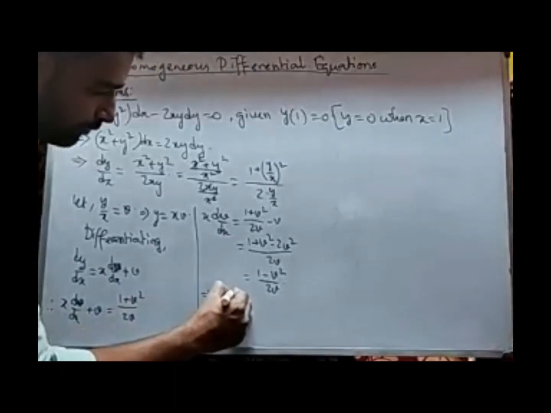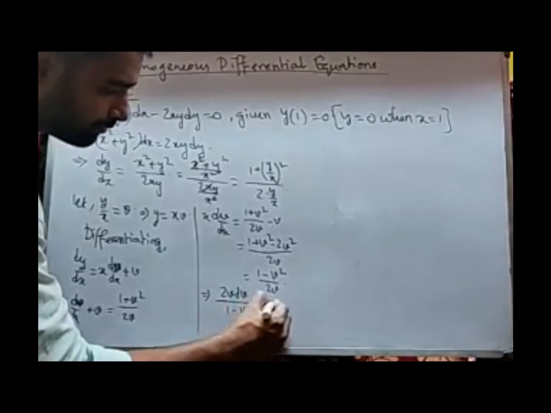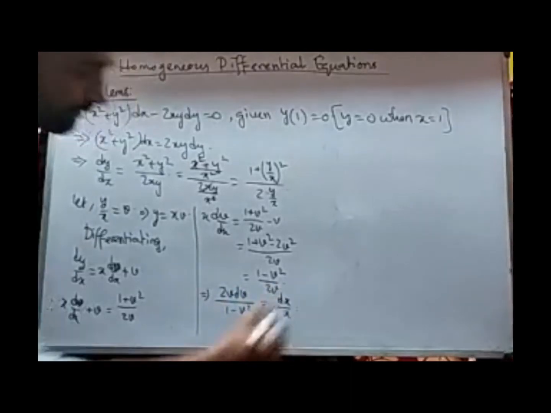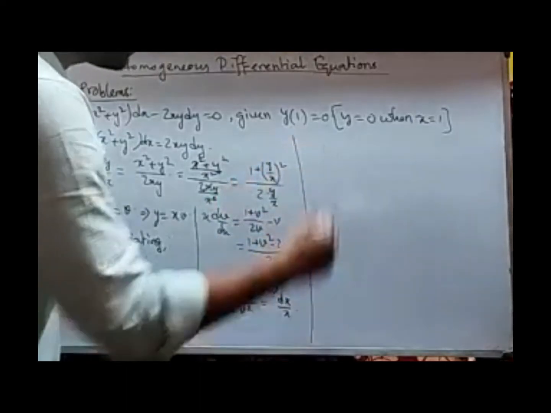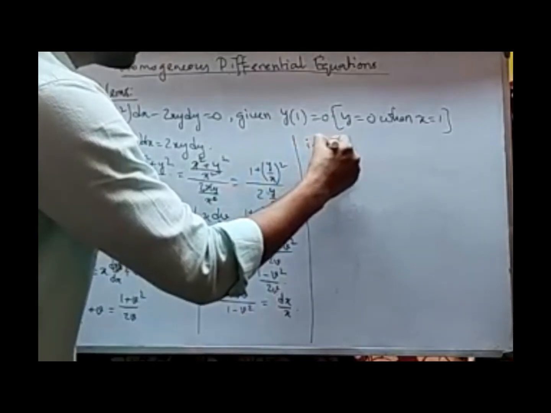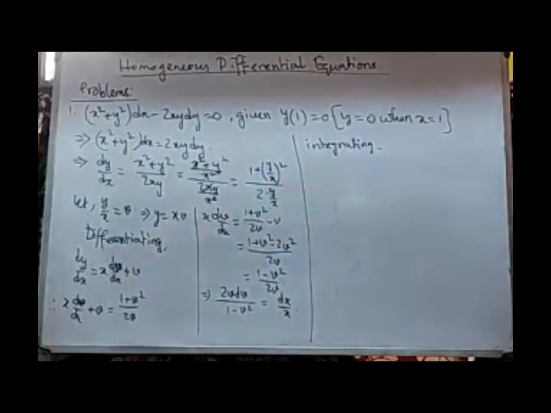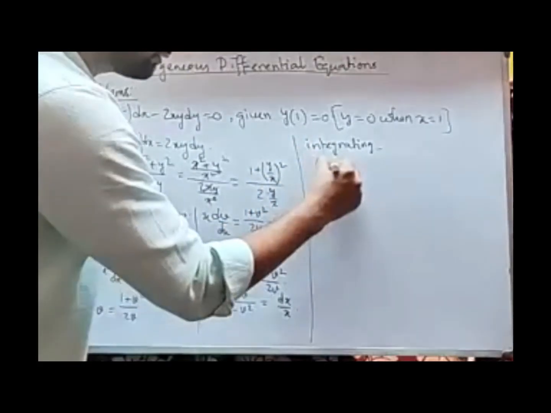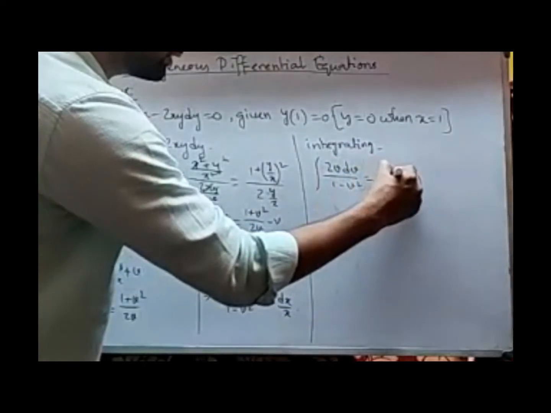So it is 2v dv divided by (1 minus v square) equals dx by x. And now you integrate both the sides. So what you are getting? Integration 2v dv by (1 minus v square) equals integration dx by x.